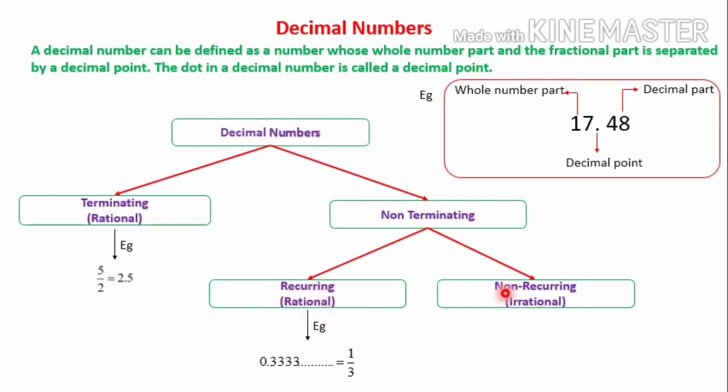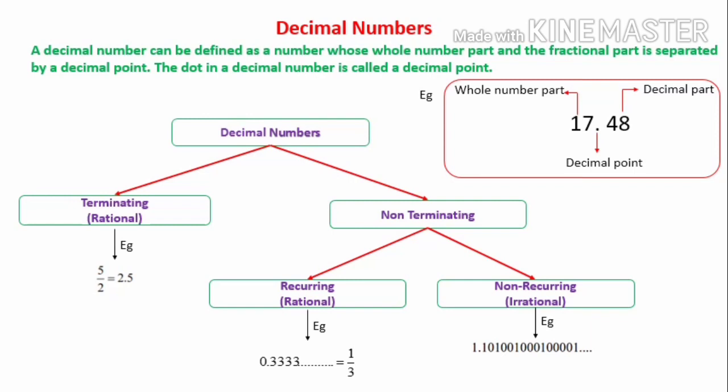The second category is non-terminating non-recurring. Non-recurring means the digits do not repeat regularly. Here 3 is repeating, but non-recurring means the digits do not repeat regularly.